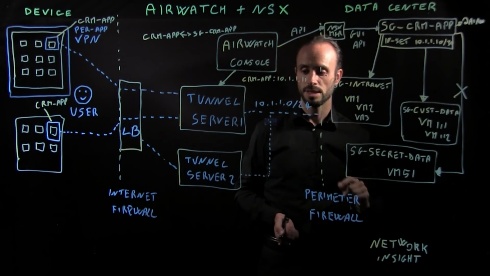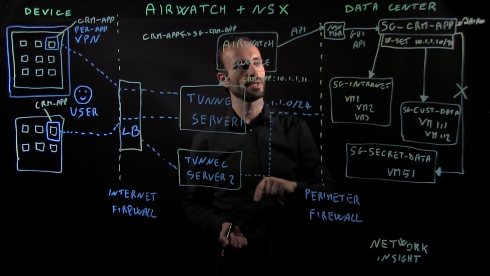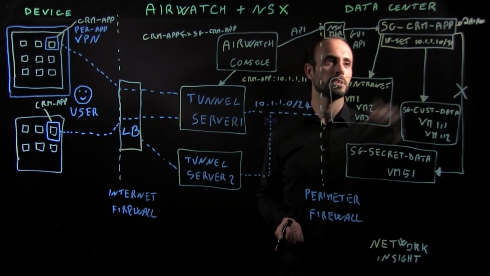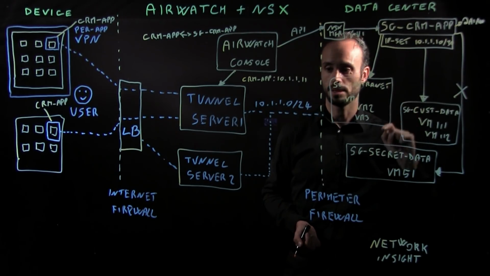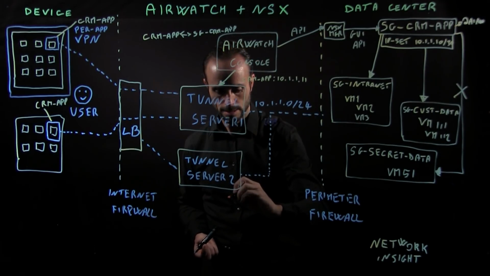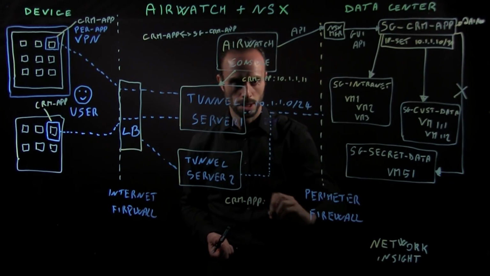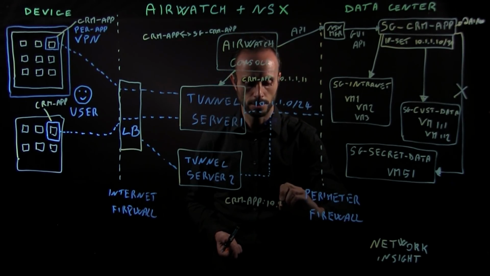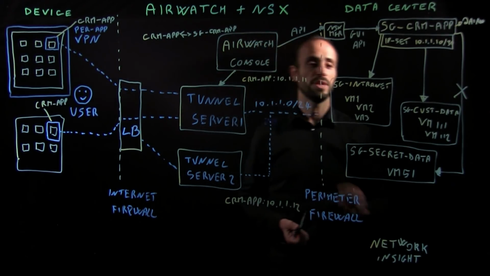The tunnel server will instantiate connections on the same subnet. What's the difference? The second tunnel server is going to use the next available IP address from the IP set, which means that in this case, the CRM application will be sourced with a 10.1.1.12 IP address.